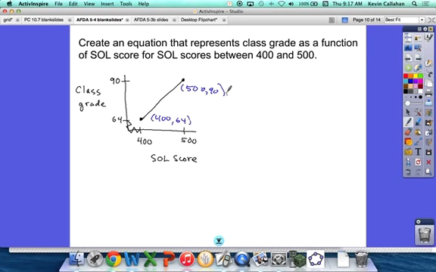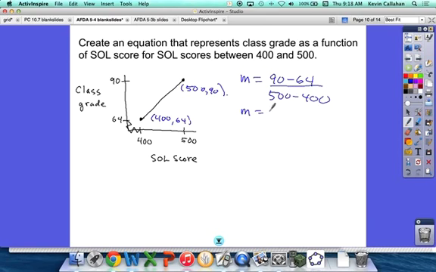And do what we just did on the last thing. I want to come up with a slope-intercept equation of a line. So the first step would be calculate a slope. M equals y2 minus y1, 90 minus 64, divided by x2 minus x1, 500 minus 400.